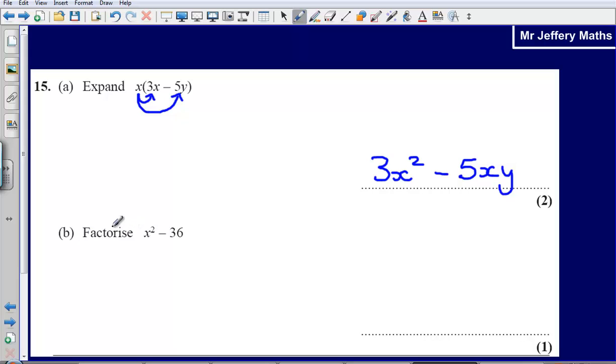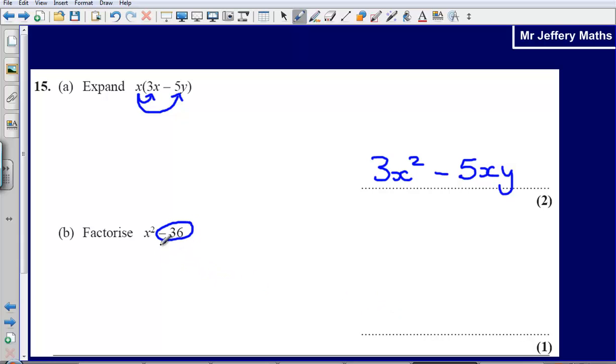Part B. Part B asks us to factorise x squared minus 36. Now at first glance you may think, hold on a minute, this doesn't have any factors in common. However, what we should recognise here is the fact that this is what we call the difference of two squares.